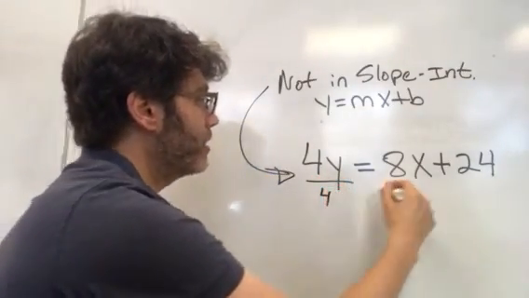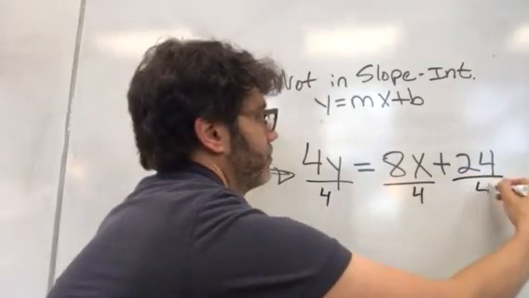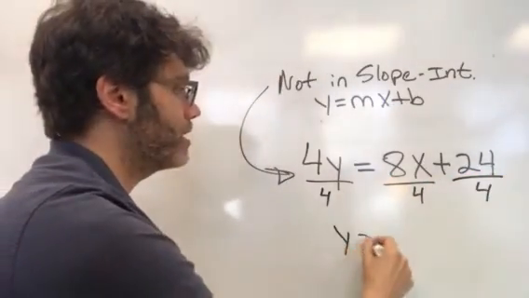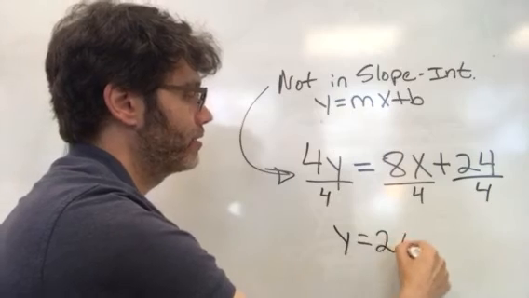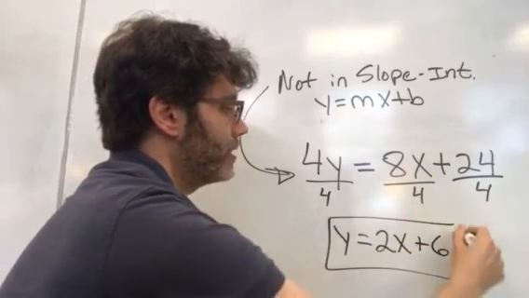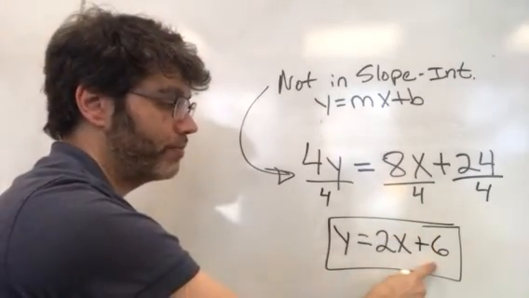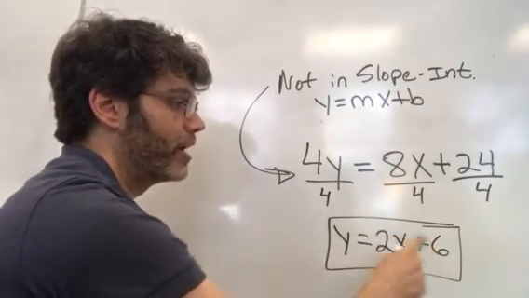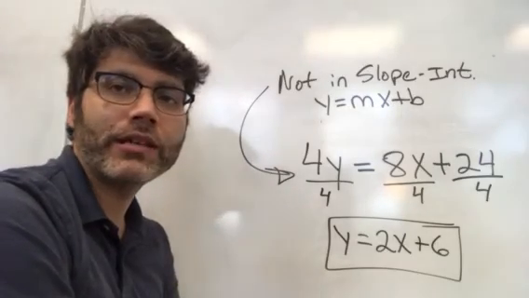We divide everything by 4. So we get y equals 4 goes into 8 twice, 4 goes into 24 6 times. So now that we see this is in slope-intercept form, the slope is 2, and the y-intercept is 6.